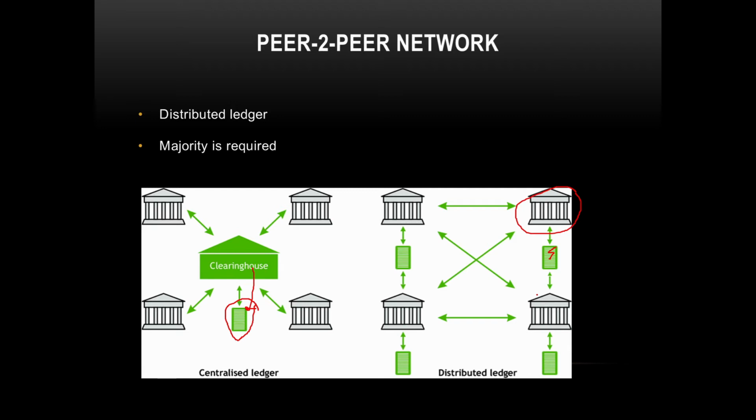If there is any change in a transaction or any new transaction is added, it will get reflected in every node's ledger only after it has been approved by the majority. So a majority is needed. If the majority says yes, the transaction is correct, then only the transaction will be put in all the ledgers, or else not.